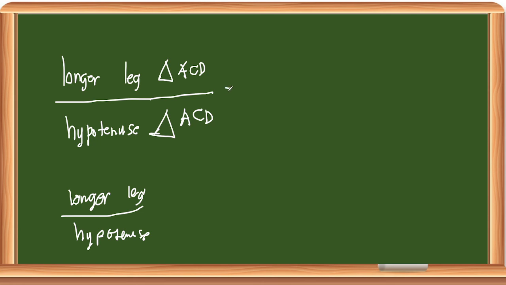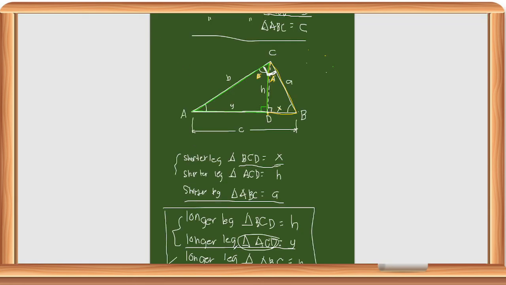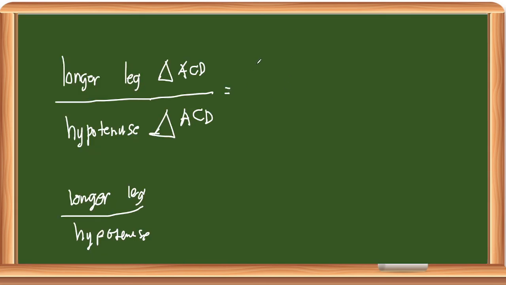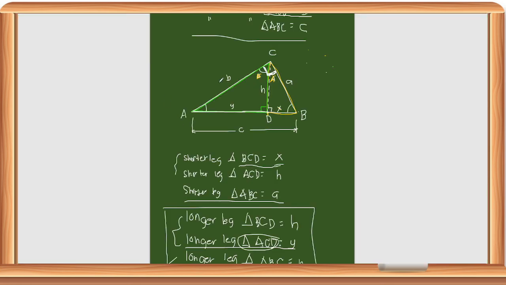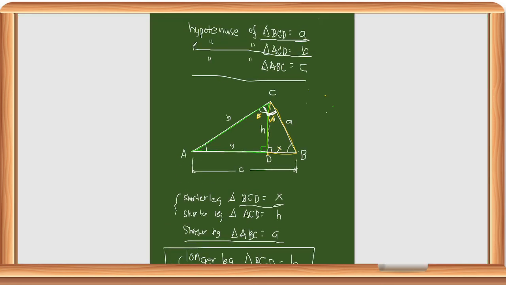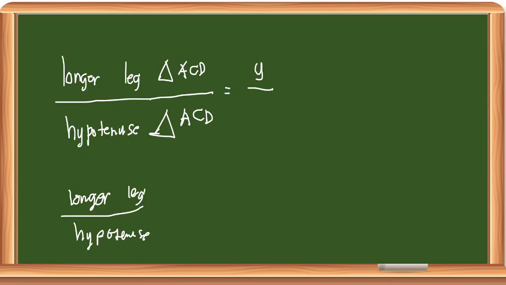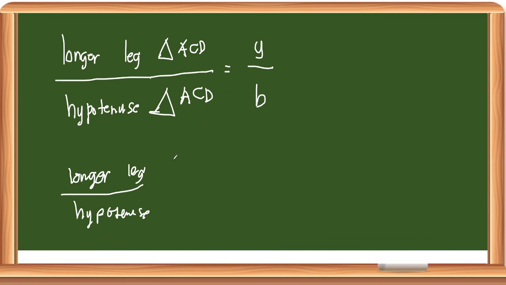So it would be equal to the longer leg of ACD, it's Y. So lagay natin Y over the hypotenuse of triangle ACD. So ito yung ACD. Hypotenuse niya is B. Okay, so lagay natin dito B. Yan yung corresponding parts niya.